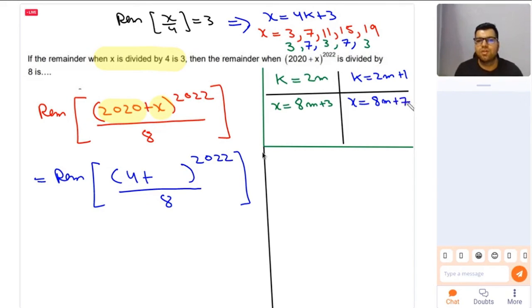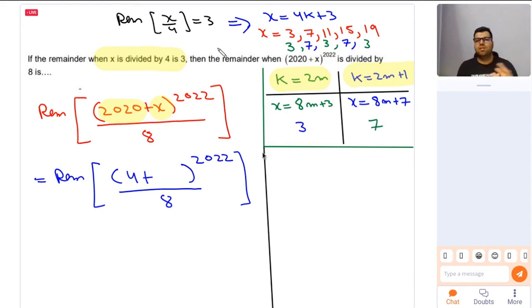So if k is even, the number is of the form 8m plus 3. That means the remainder with 8 is coming out to be 3. And if k is odd, that is of the form 2m plus 1, then x is equal to 8m plus 7. That means the remainder with 8 is coming out to be 7. So these are the two cases.